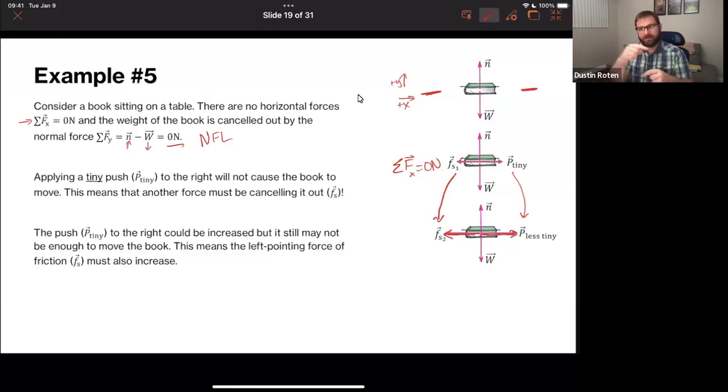My static friction vector also gets a little bit longer in the opposite direction because these forces still cancel out. So the only way to do that, if I increase the force pushing, static friction has to increase itself to compensate. So anytime you're trying to push something, if you start with a gentle push and push harder and harder, you're actually changing the friction vector. You're actually increasing it in the opposite direction.